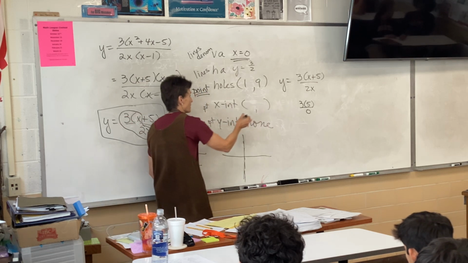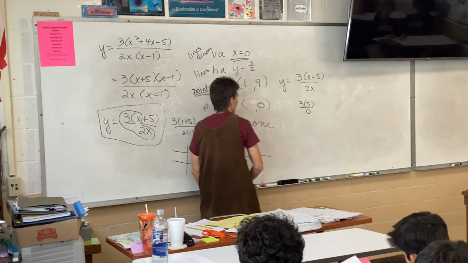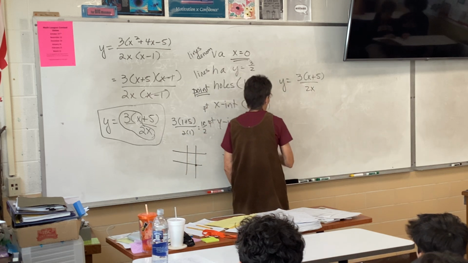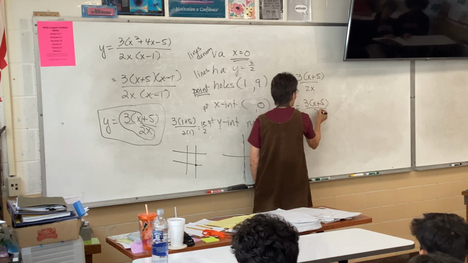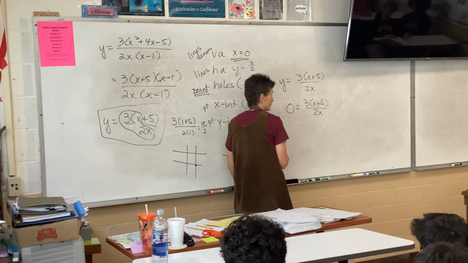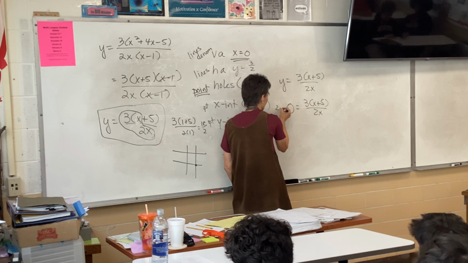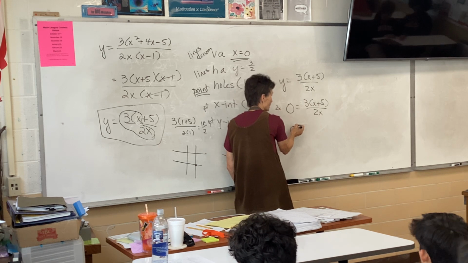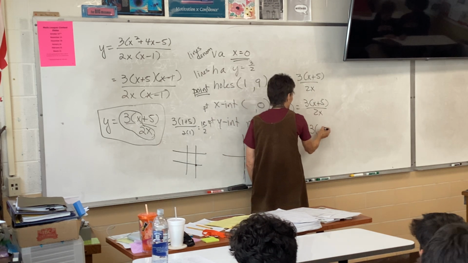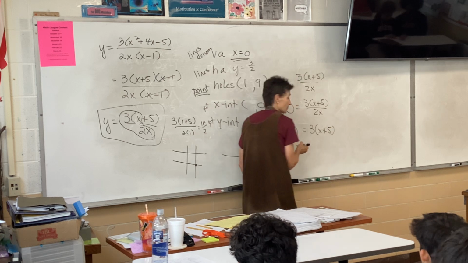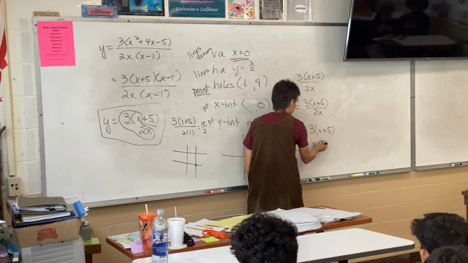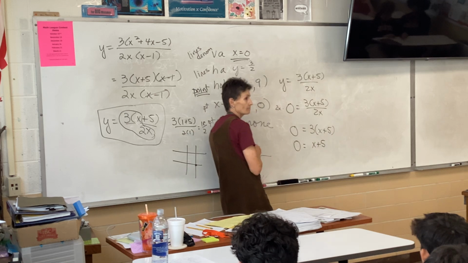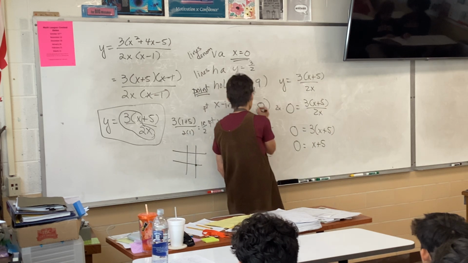Do we have an x-intercept? Can we let y be 0? Bring this over. Isn't that still 0? Divide by 3, and subtract 5.